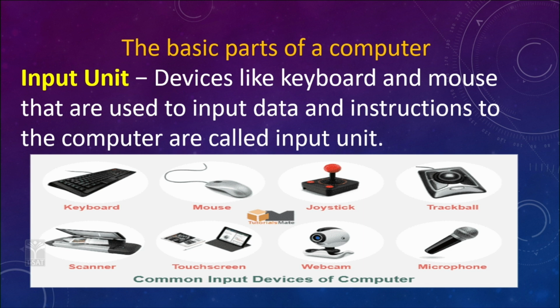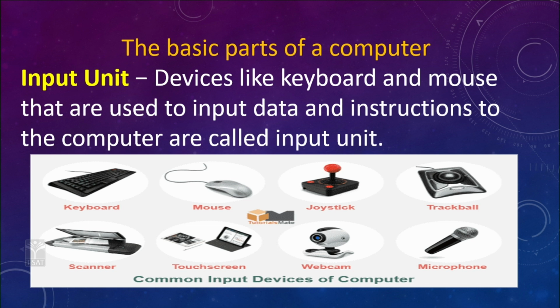The second one is the mouse. Nowadays we even have a digital mouse and a remote mouse also. If you want to select something, generally we use the mouse, and by using the mouse a cursor moves. The next ones are the joystick, trackball, microphone, webcam and touch screen.